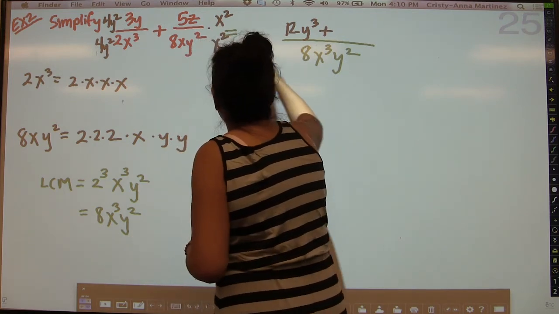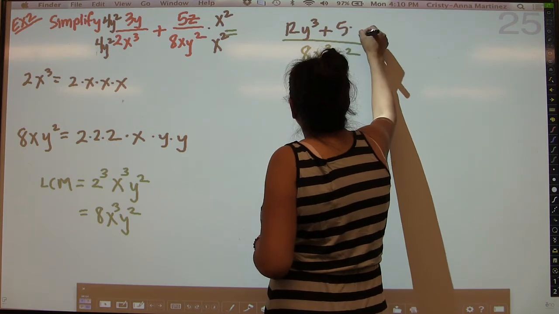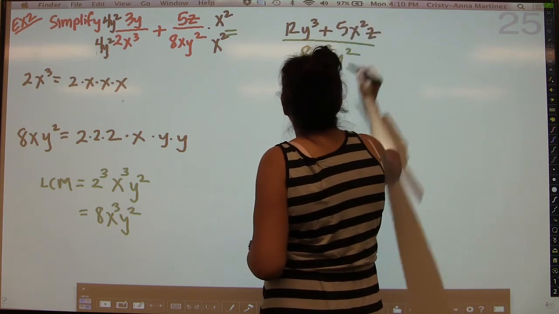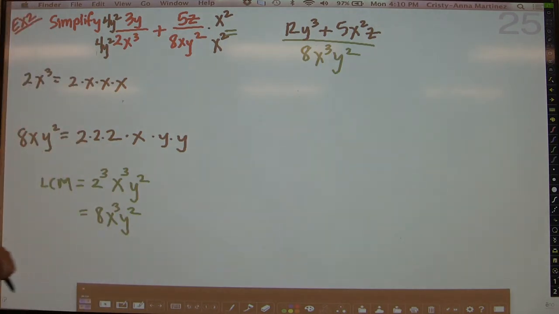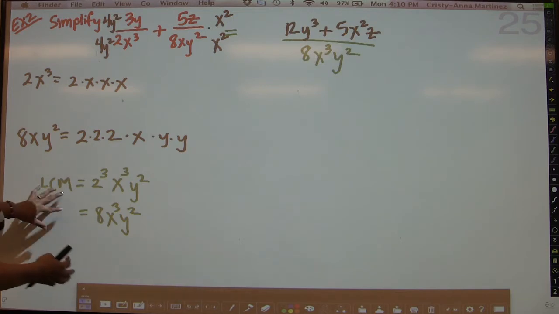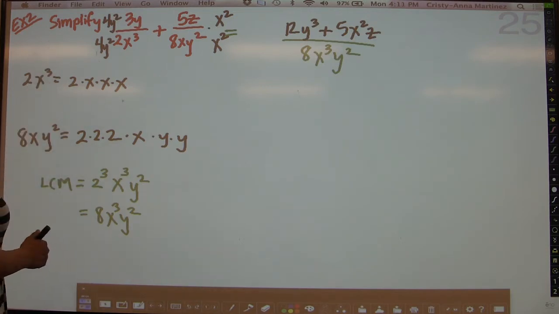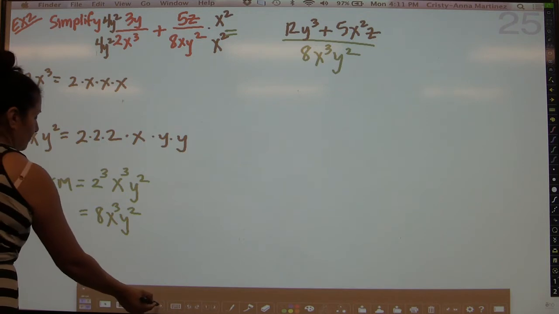So on the top we're going to get 5x squared z. And since they don't have anything in common on the top, we can't really simplify it any further than that. Our final answer is 12y cubed plus 5x squared z, all divided by 8x cubed y squared. And that's how we implement the LCM into adding our fractions.